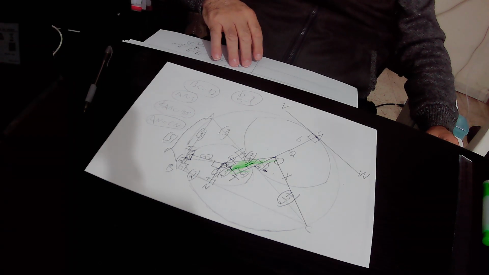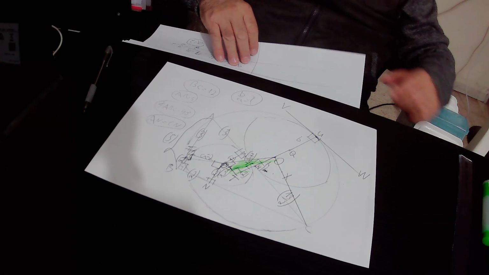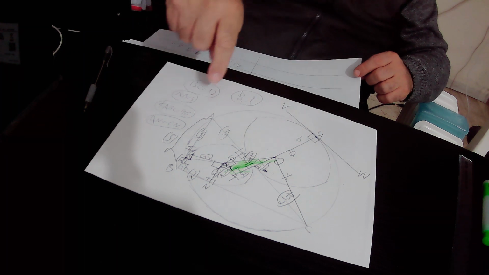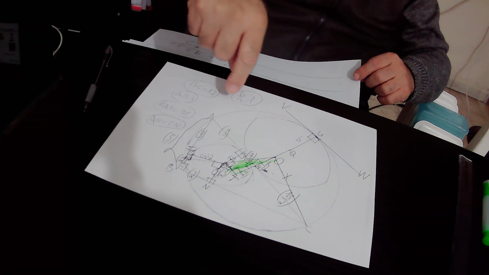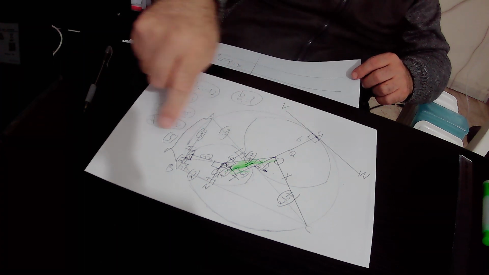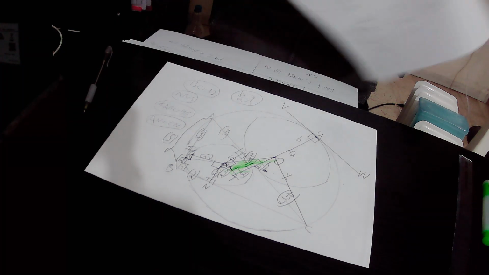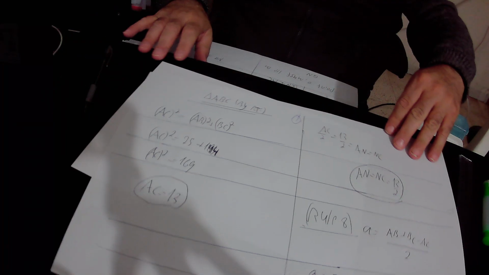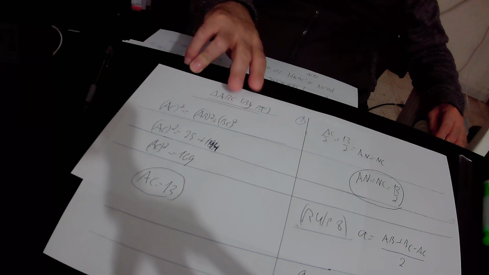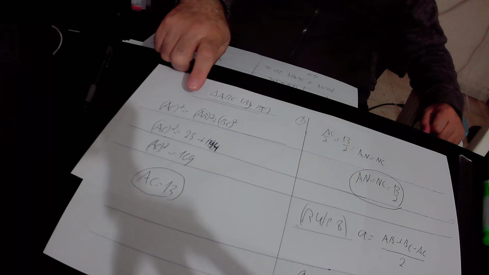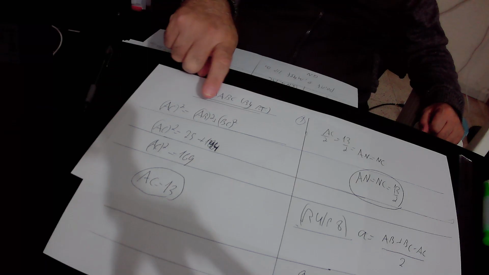In order to find the ratio, we implemented the Pythagoras theorem on the right triangle ABC. According to the Pythagoras theorem, AC squared equals AB squared plus BC squared. AB is 5, therefore AB squared is 25, plus BC squared.